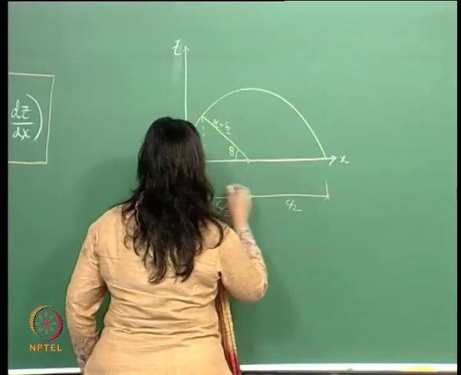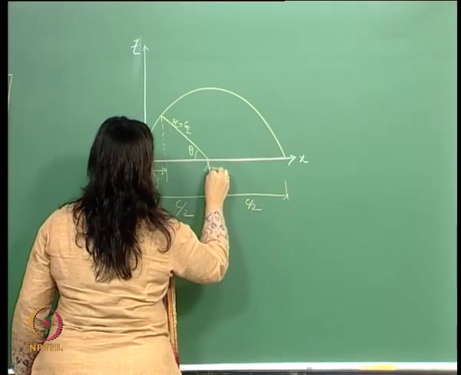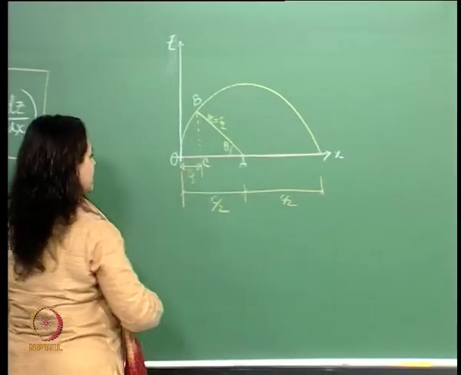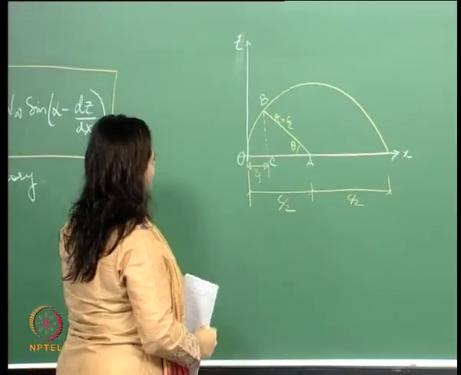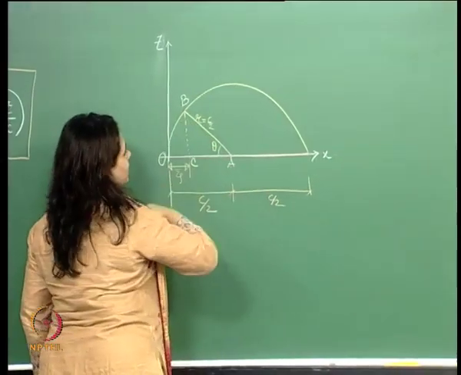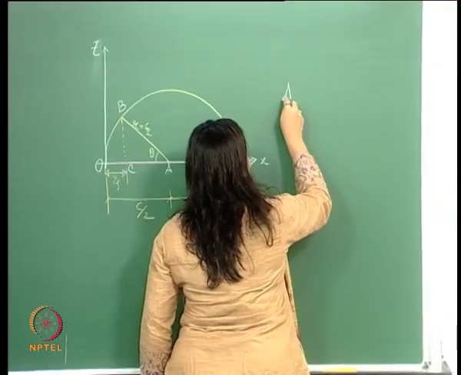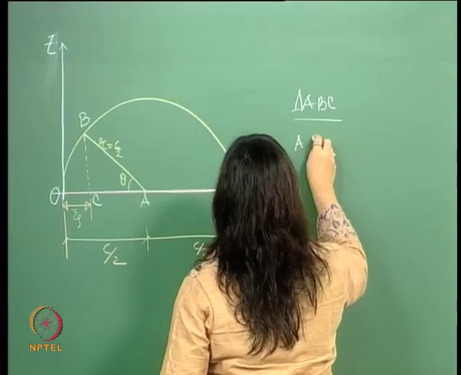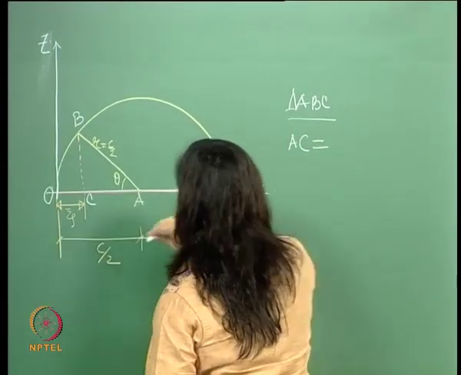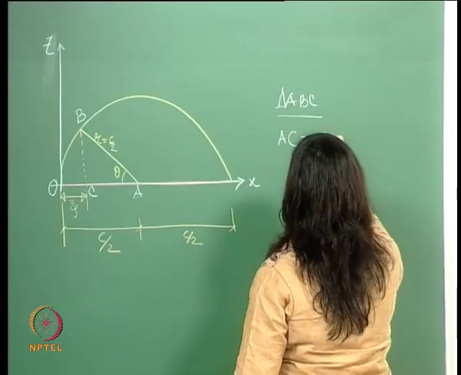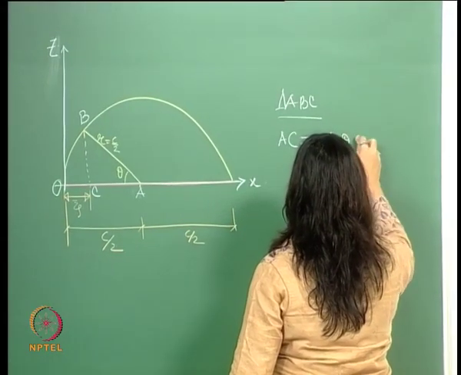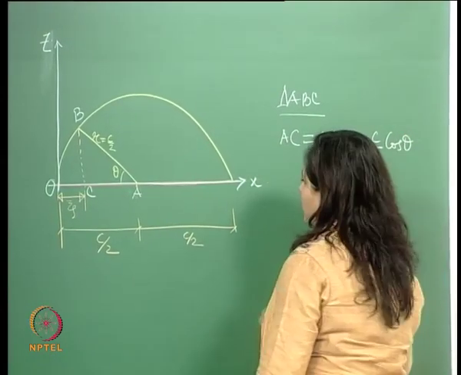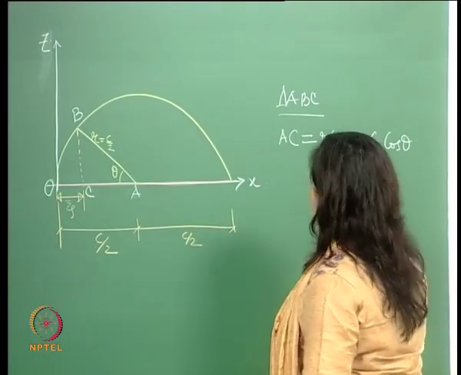From here we can see, if you take this triangle ABC, AC is r cos theta, which is c by 2 cos theta.